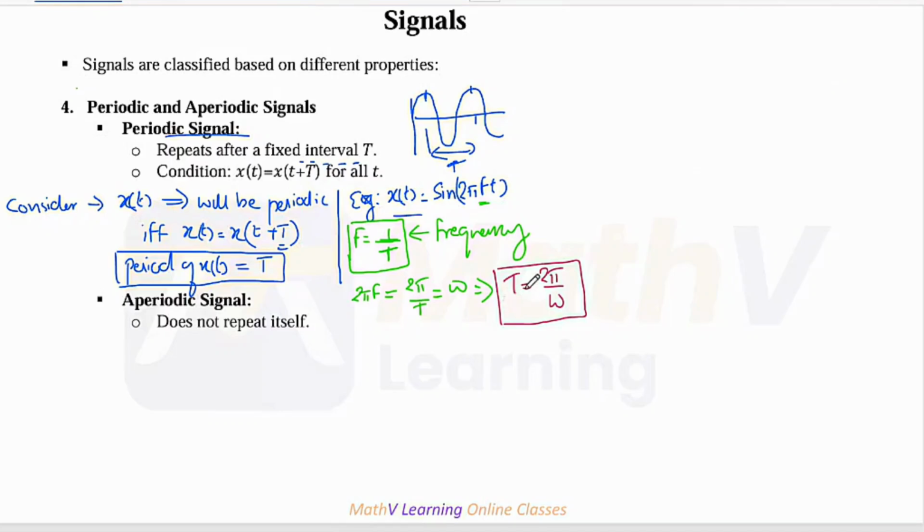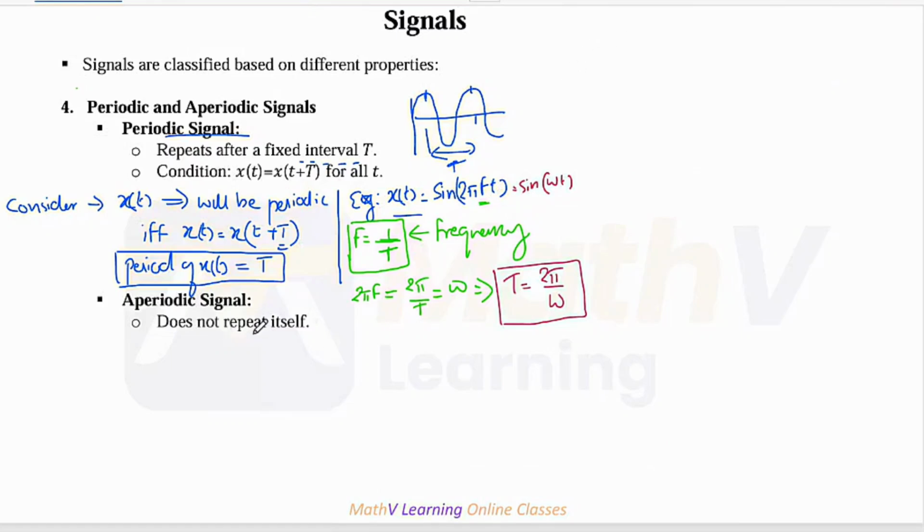So if I have a sinusoidal signal given as sine omega t or cos omega t, then the time period T is given as 2 pi by omega. This is the period of the signal, and we call that signal periodic.